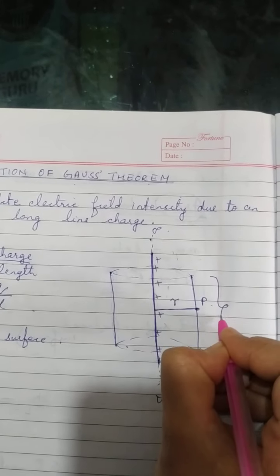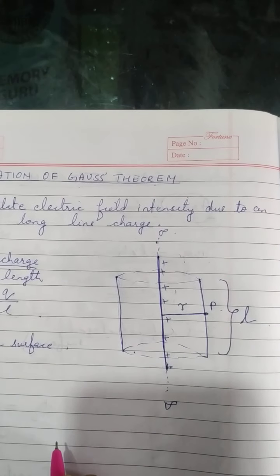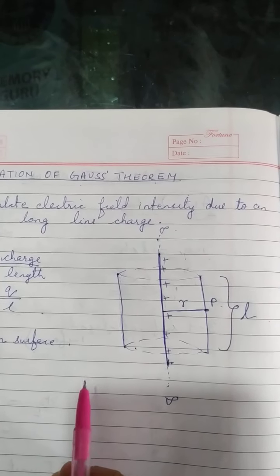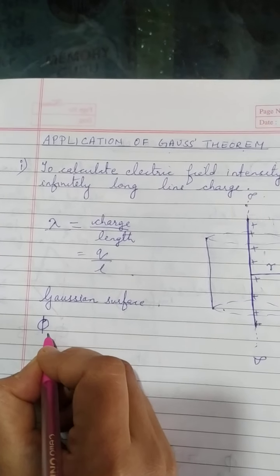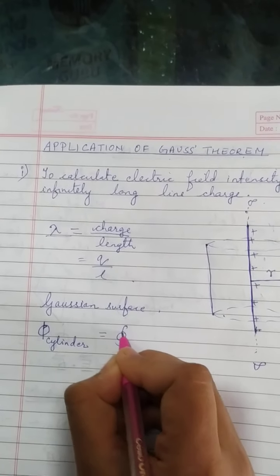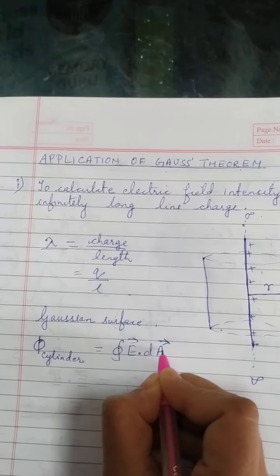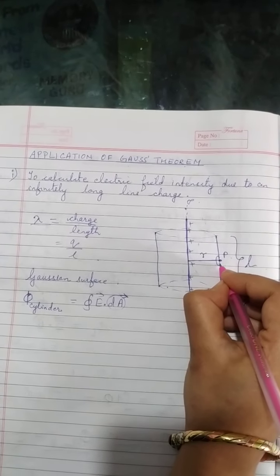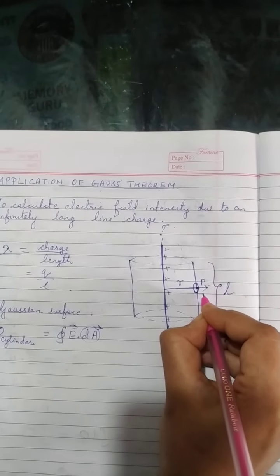Let the length of this cylinder, the Gaussian surface we are taking, be L. Before we apply Gauss theorem, let us calculate the net electric flux of the cylinder, given by the formula phi cylinder equals integral E dot dA, where dA is the area vector. Let's say we have a small area vector whose direction, as you know, for a closed surface, will always be away from the closed surface.